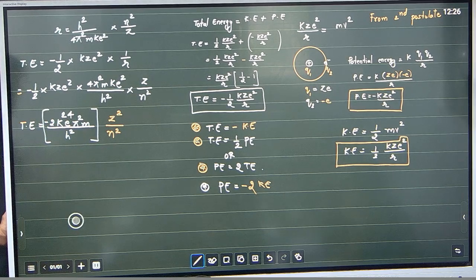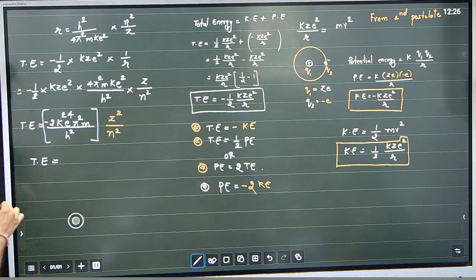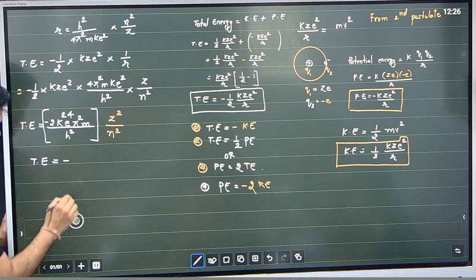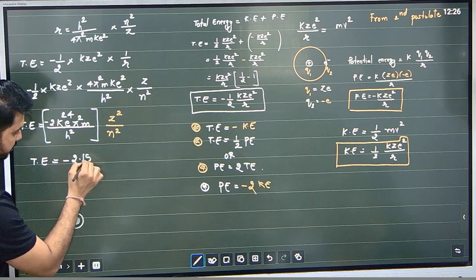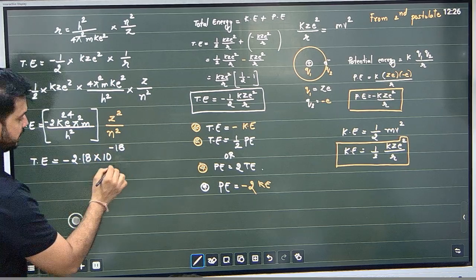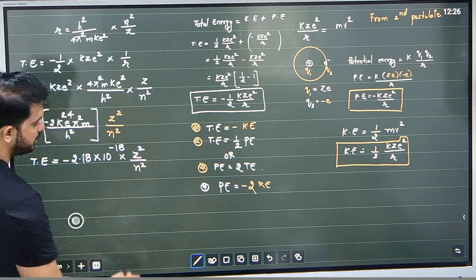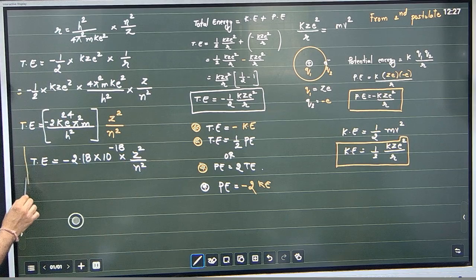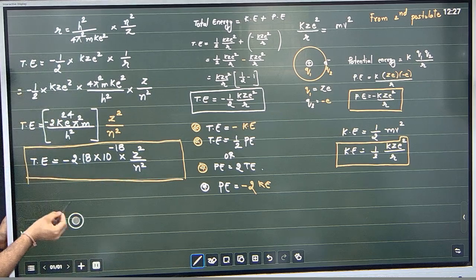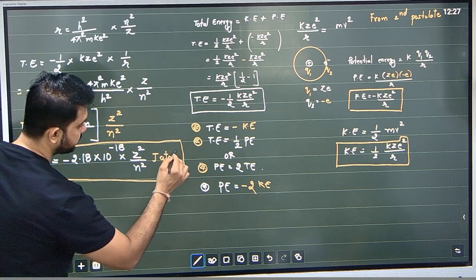Okay? So the expression for total energy is negative when you substitute all the values of constant: 2.18 into 10 raised to minus 18 into z square over n square. This is the formula when you want to calculate the energy in terms of joules per atom.